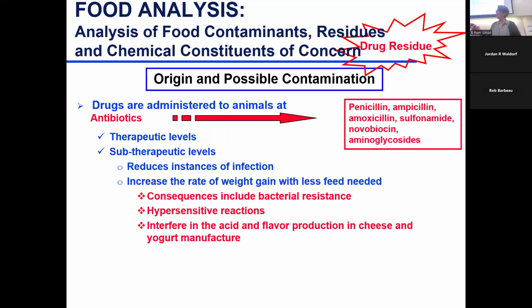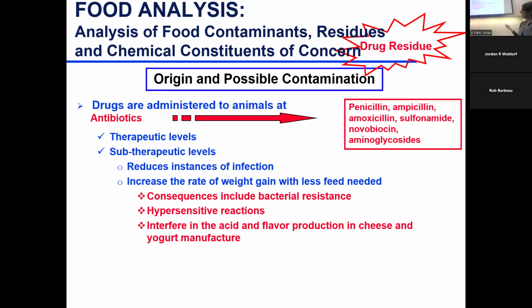antibiotics. Why is that? Because these antibiotics, some families are the penicillin family, the amoxicillin, which is also related to penicillin, sulfa, and other antibiotics. All of these can cause reactions, some people have reaction to antibiotics. So you cannot consume anything with these antibiotics in them. Other problem, if the milk has any of these antibiotics, if you want to culture the milk, produce yogurt, or then produce cheese, the antibiotics can interfere with the process, the fermentation or the aging of the cheese.